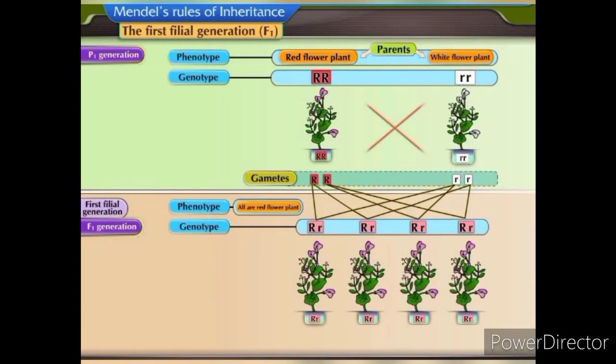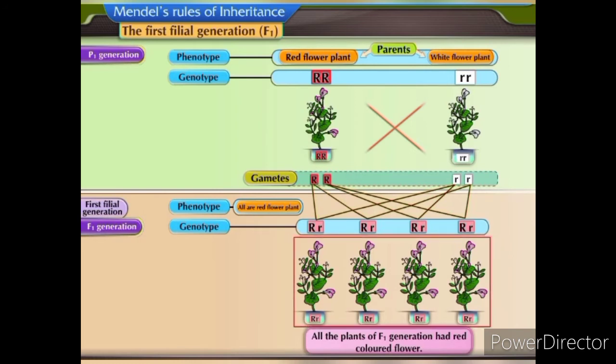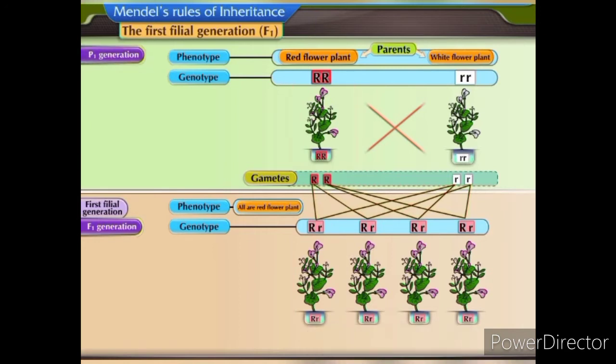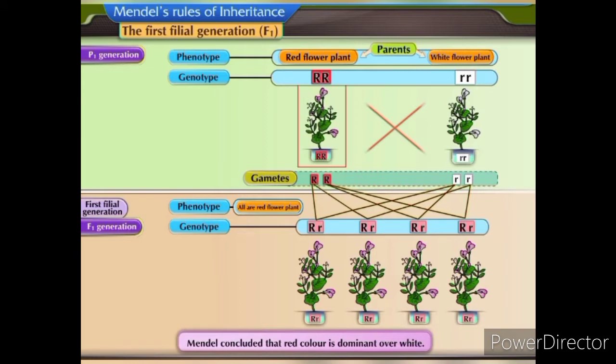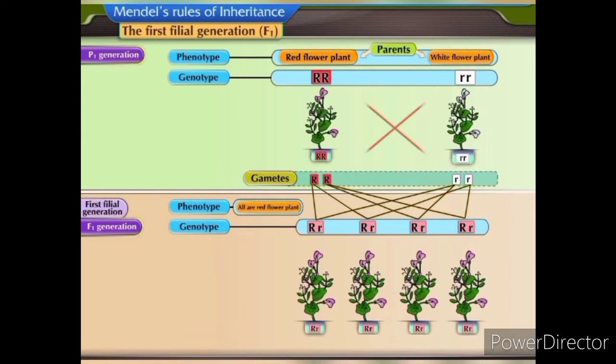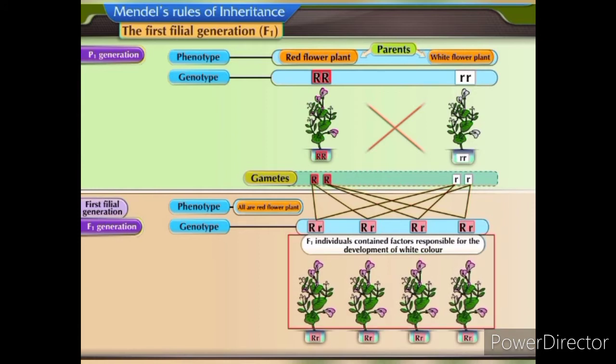During his experiments with pea plants, Mendel noticed that all the plants of the F1 generation had flowers that were red in color. These red flowering plants were different from those of the P1 generation. From these observations, Mendel concluded that red color was dominant over white. Although the F1 individuals were bearing red-colored flowers, they also contained factors responsible for the development of white color.